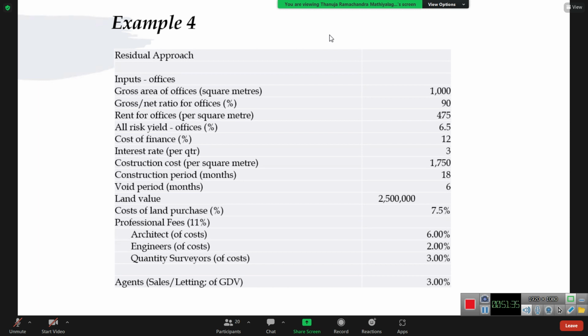In this case, it's specifically given that for 6 months after completion, the property was not generating any income. In that sense, ideally, we need to consider those 6 months also for the finance charge.